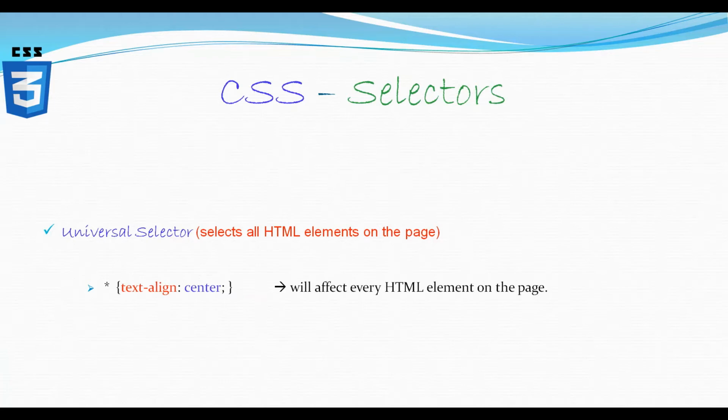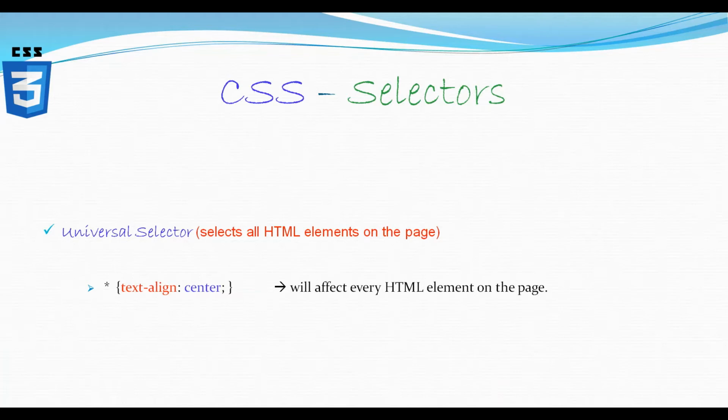And the universal selector is quite simple. So all you do is at the beginning of your styling, you enter the star and then open brackets, whatever declaration you want to add, and then close. And that would apply to your entire document regardless of what other declaration you would add on later. So that's a neat way to save coding and time.